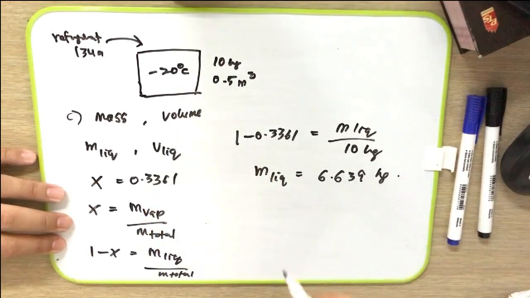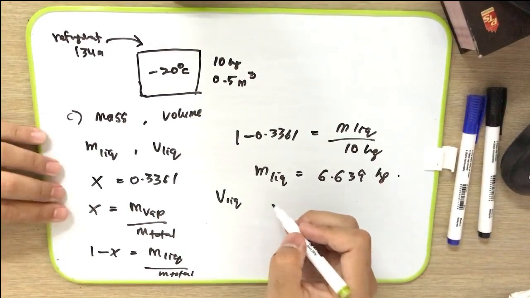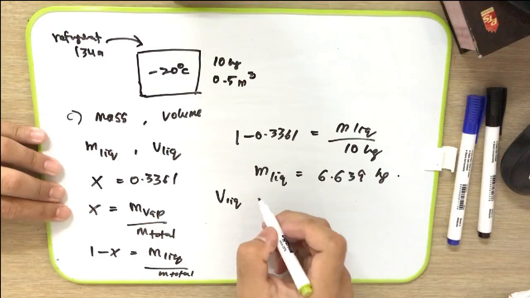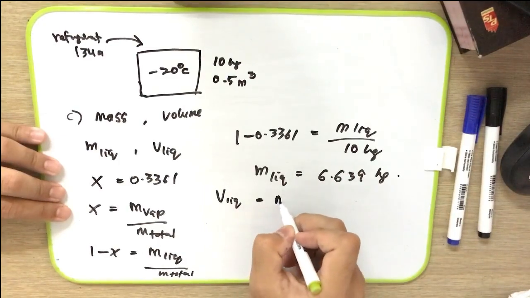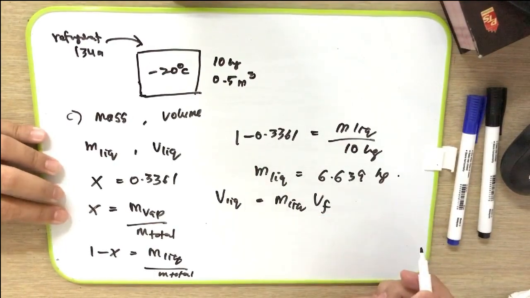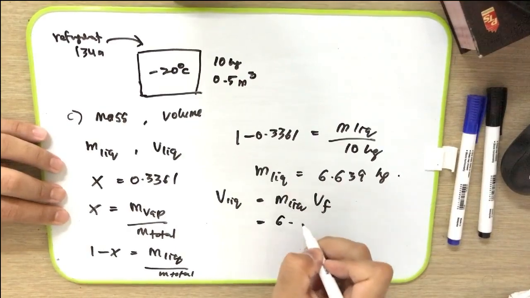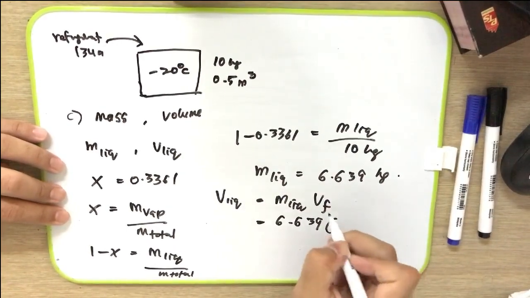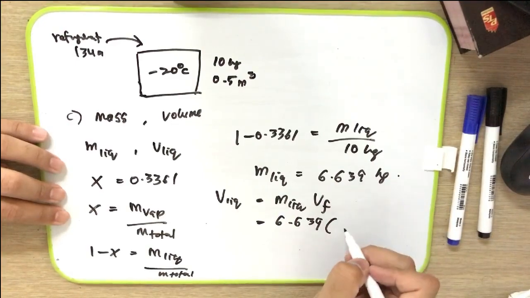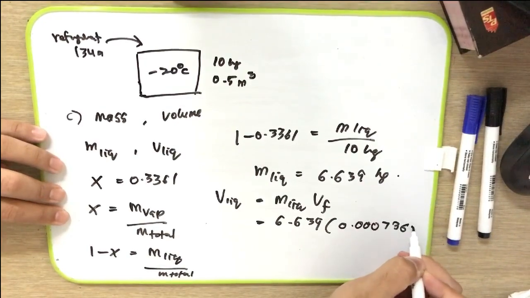For V liquid, if you still remember question number 3, we can find V liquid through M liquid over VF. So M liquid is 6.639 and VF we can get from table A11, which is 0.000732.